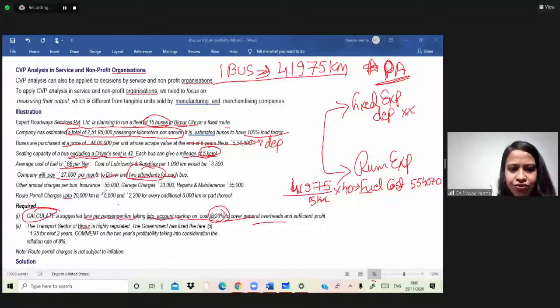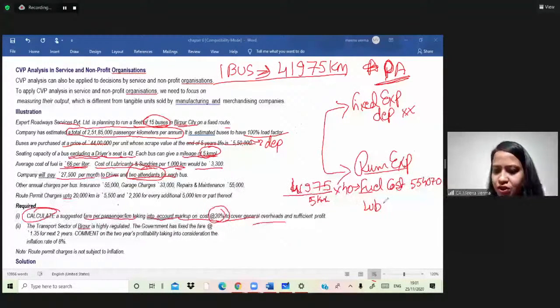Now we have the information related to the cost of lubricant and sundries per 1,000 kilometers, which is 3,300. So for 1 kilometer, this is the cost of lubricant. Now we are trying to find out the cost of lubricant. Again, this is a run cost, a variable cost.